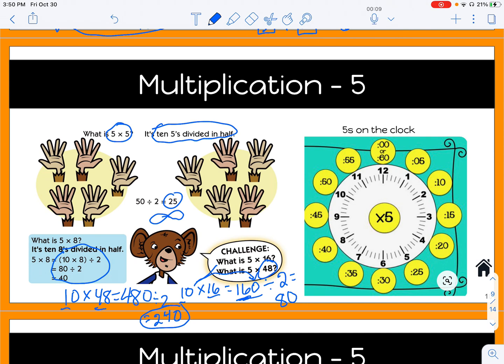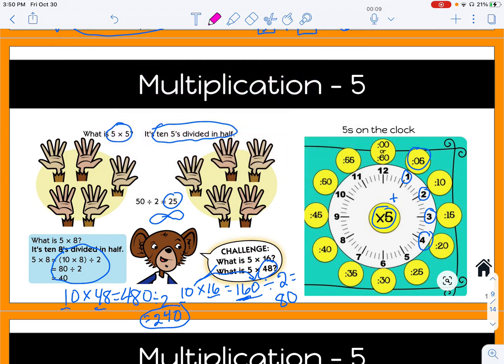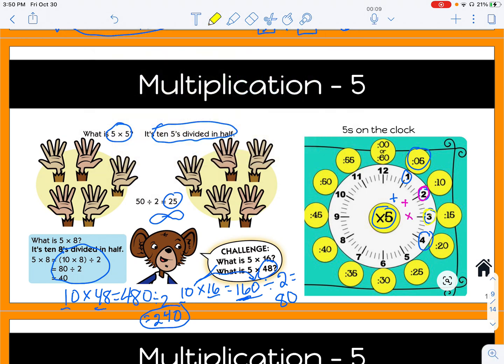You can also think of fives on the clock, because every number goes up in increments of 5. So 5 times 1 is 5. 5 times 2 is 10. 5 times 3 is 15, and so on.